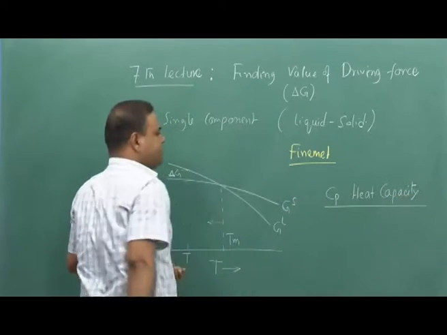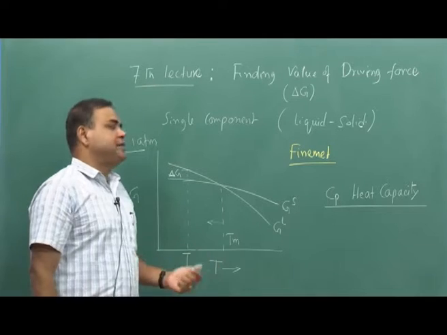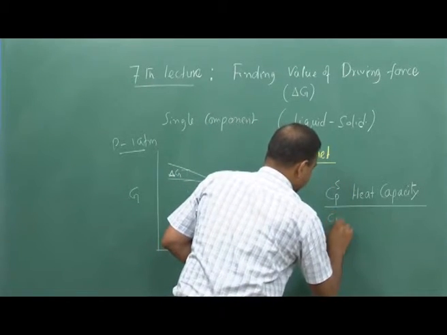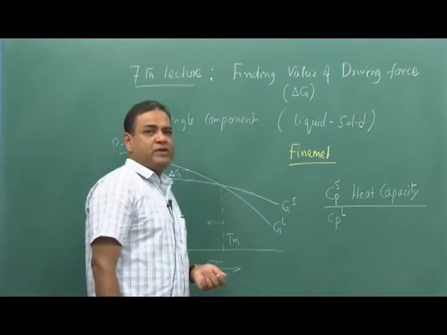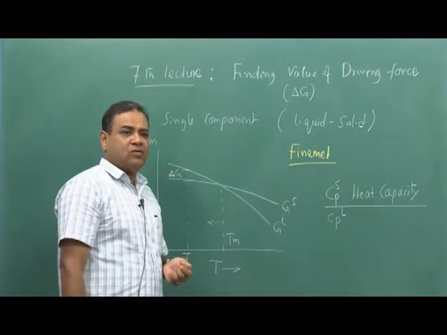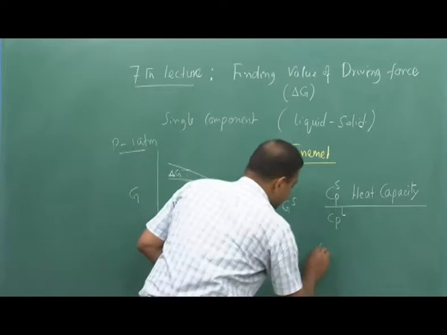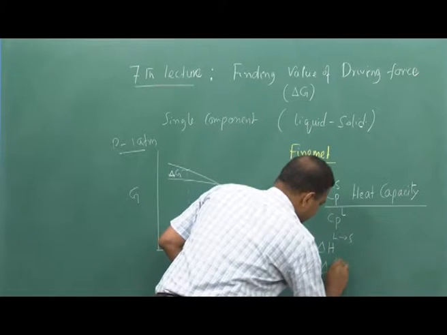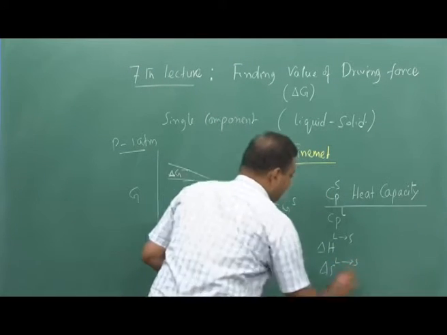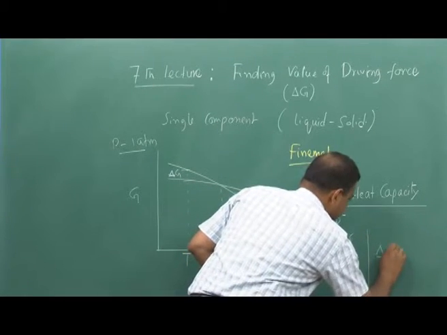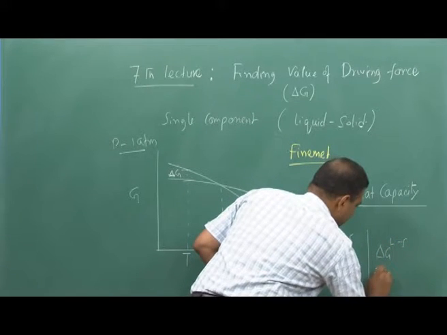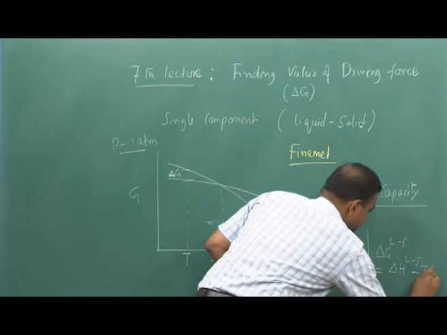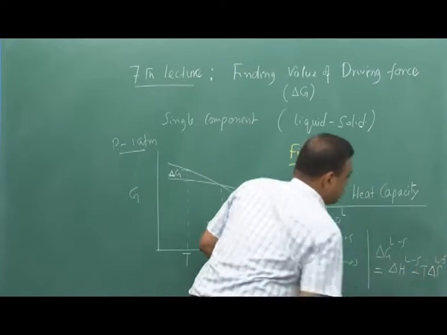If we can find out the Cp of solid as well as Cp of liquid, we can easily determine the values of del H liquid to solid and del S liquid to solid, and finally we can get del G liquid to solid equal to del H liquid to solid minus T del S liquid to solid.